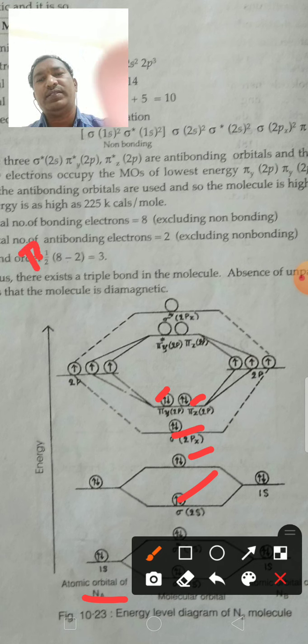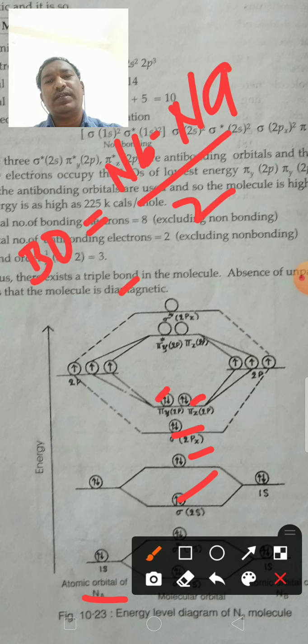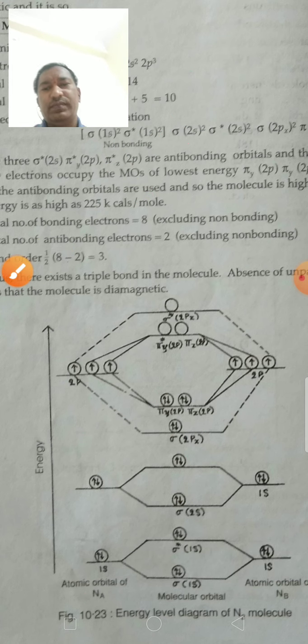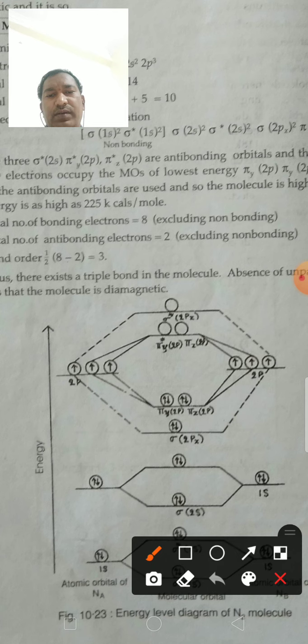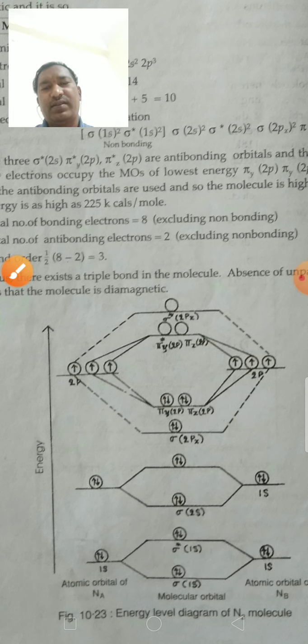Now bond order is Nb minus Na by 2. So here Nb is, see here, bonding electrons 2, 4, 6, 7, 8, 9, 10, total 10 bonding electrons, minus antibonding electrons.